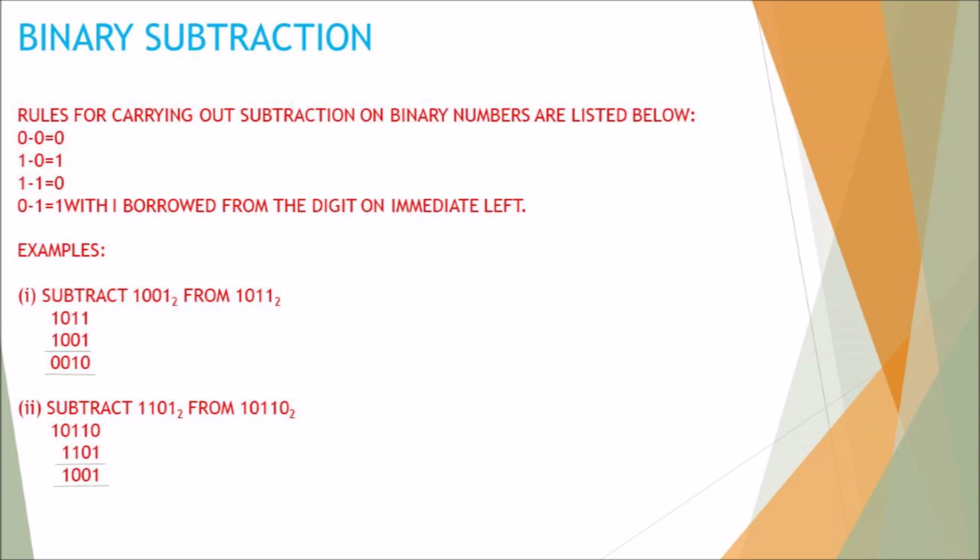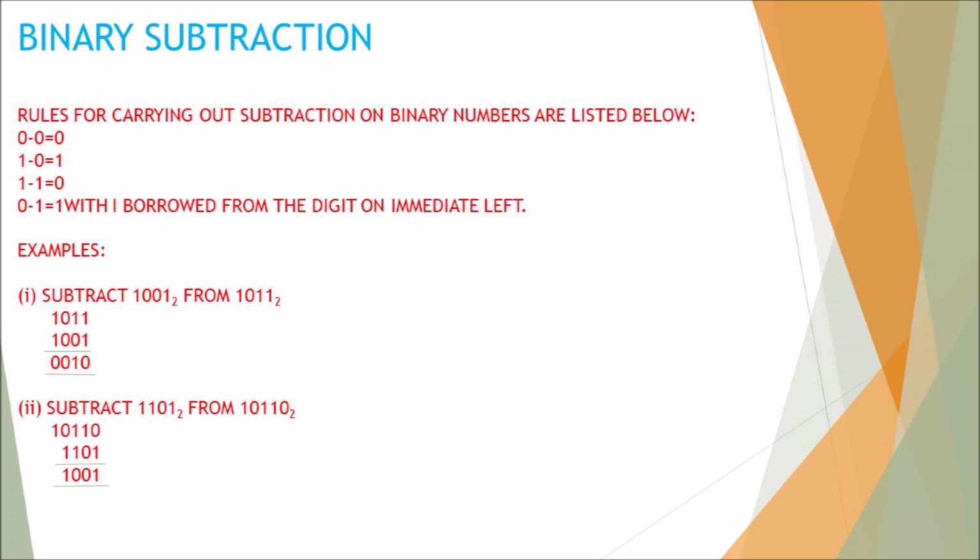Subtract 1101 base 2 from 10110 base 2. So here the first digit is 0 minus 1. We are going to borrow 1 from the immediate left, the previous digit.